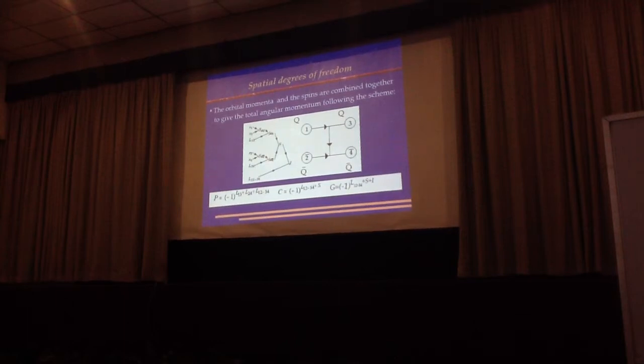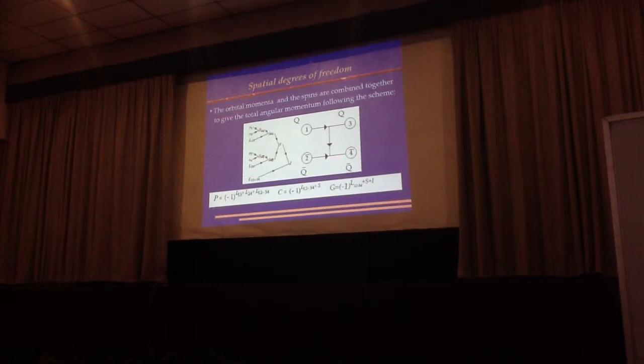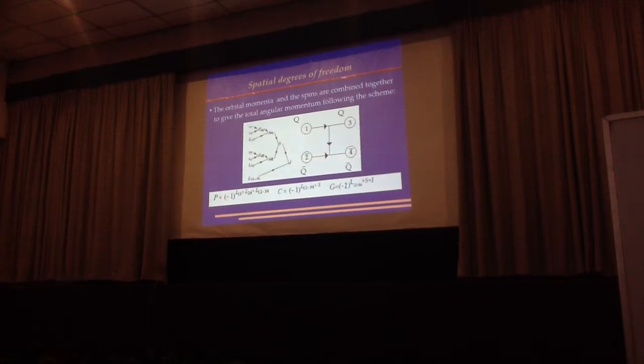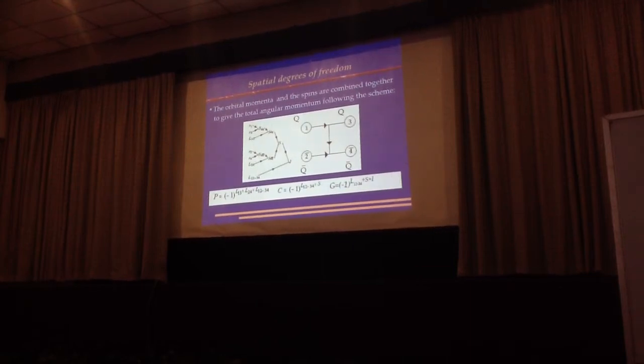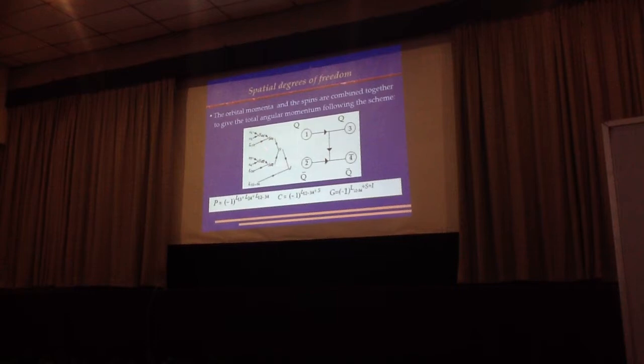Then we describe the spatial degrees of freedom. We introduce the three relative coordinates: one between the two quarks, another between the two antiquarks, and the third between the center of mass of the two quarks and the center of mass of the two antiquarks. We introduce relative angular momenta associated with these coordinates, and we combine all these momenta with the spins as shown on the left.